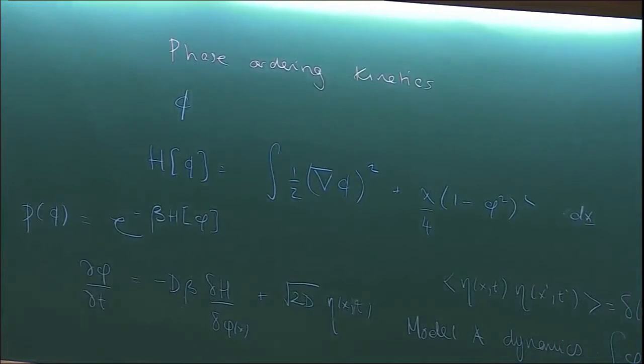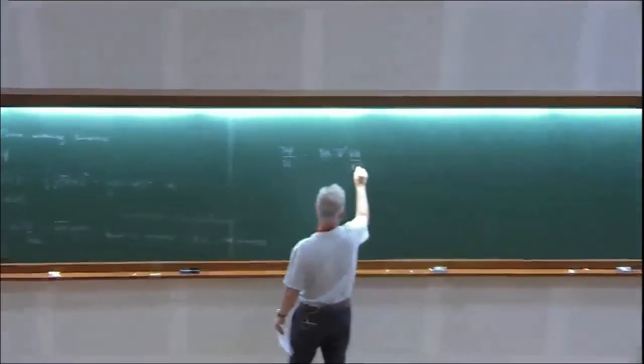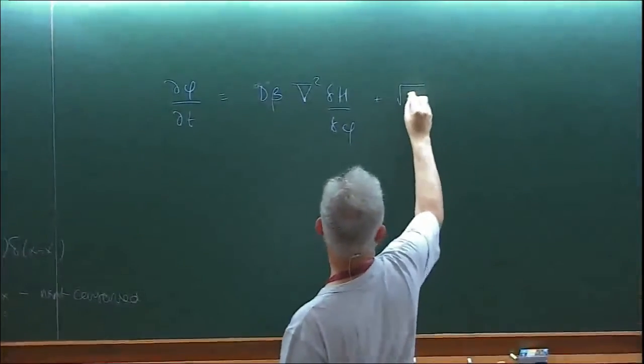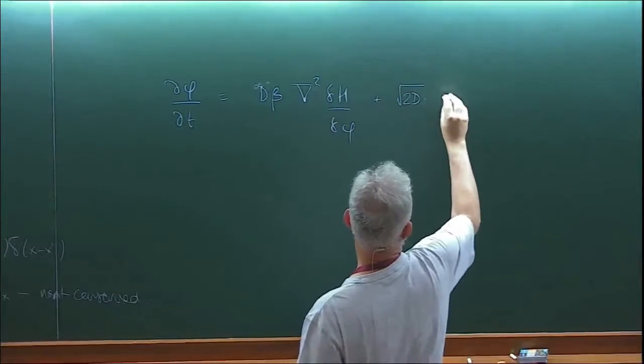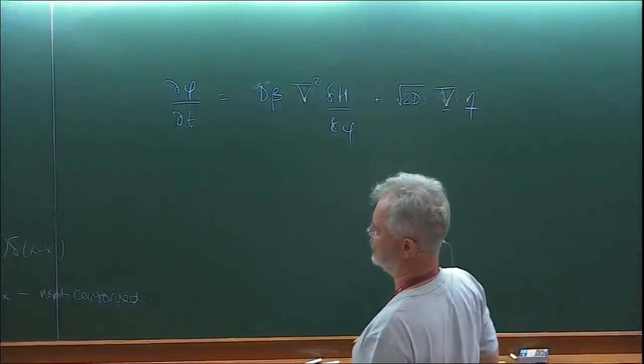In order to fix that, there's another type of dynamics you can write down. The Laplacian is a negative operator; you want something which is dissipative. Then you have plus the square root of 2D times the divergence of a vector noise field.